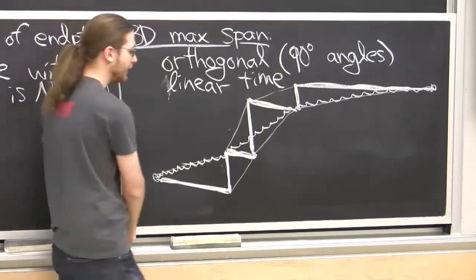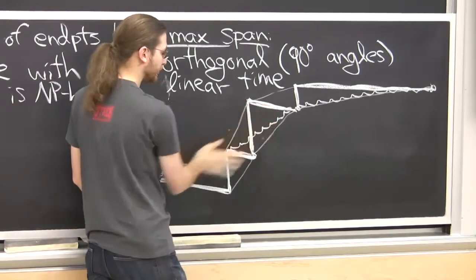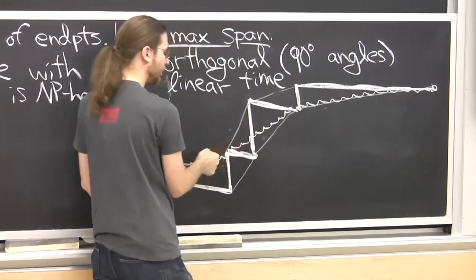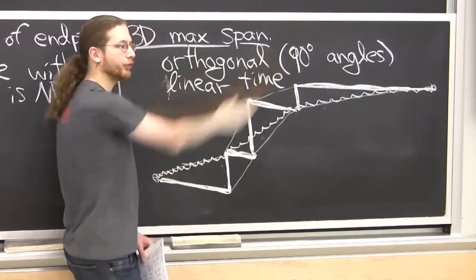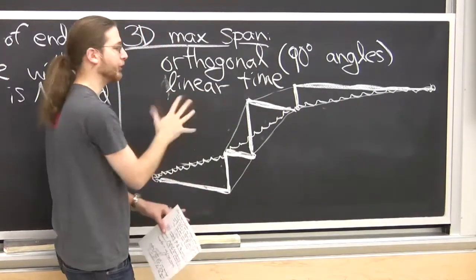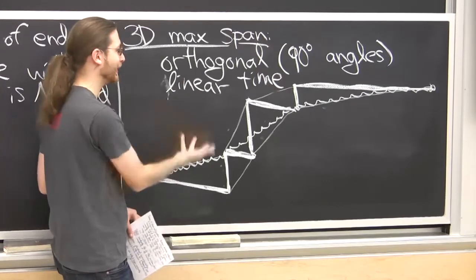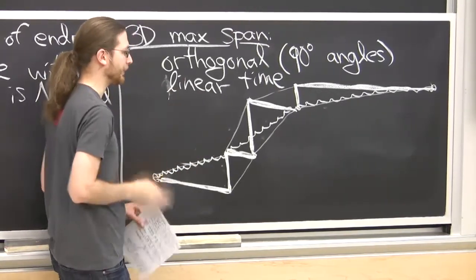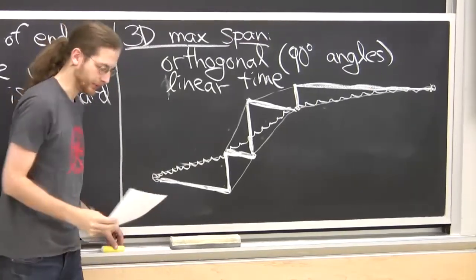And you achieve that by folding this planar part with respect to this planar part with respect to this planar part so that the wiggly lines become aligned and straight. And that's very hard to draw, but it can be done. And that's what you do in the orthogonal case, and that gives you the answer in linear time with enough work.